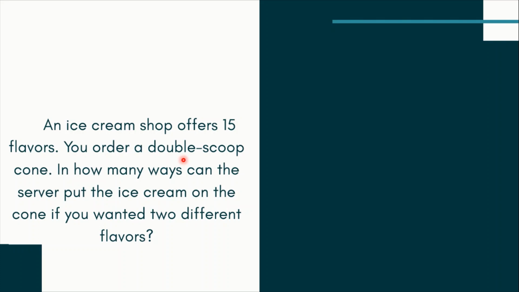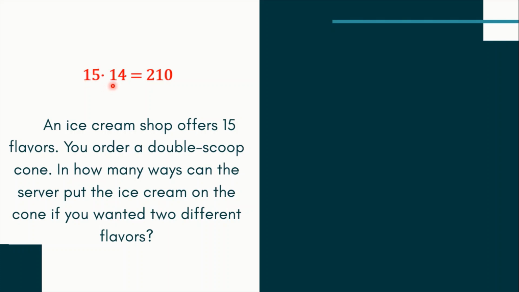So, sa unang activity, pipili ka ng unang flavor sa unang scoop. So, ilang ways or ilang options ang pagpipilian mo. So, meron kang 15 flavors. Ngayon, sa pangalawang scoop, bakit 14 na lang yung pagpipilian mo? Kasi nabanggit dito na gusto mo ng 2 different flavors. So, kung napili mo na yung unang flavor dun sa unang scoop, syempre, hindi mo na siya pipiliin doon sa pangalawang scoop.